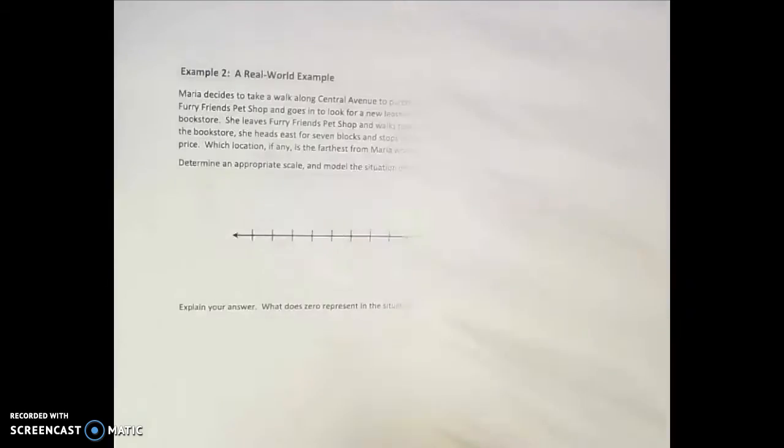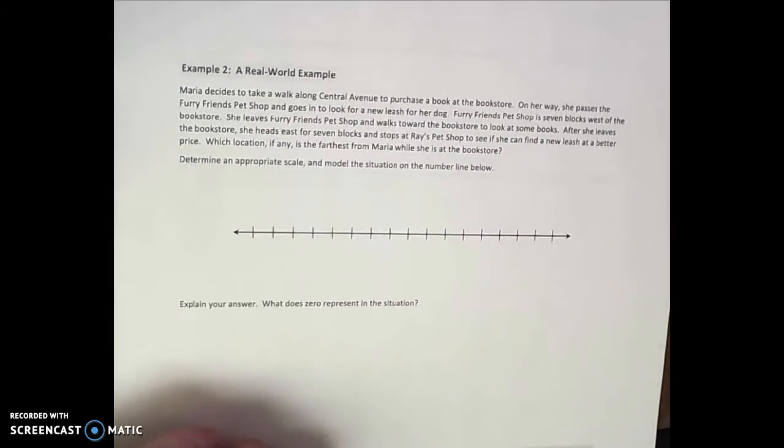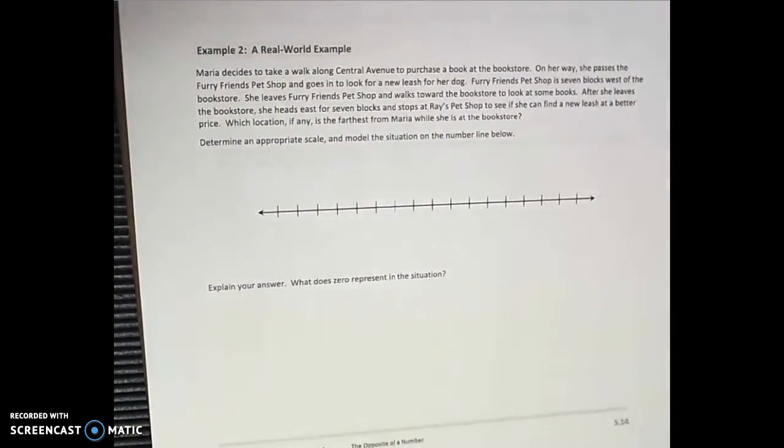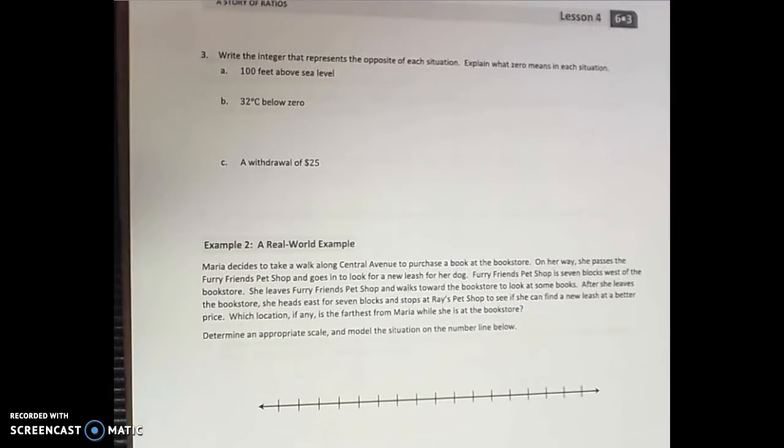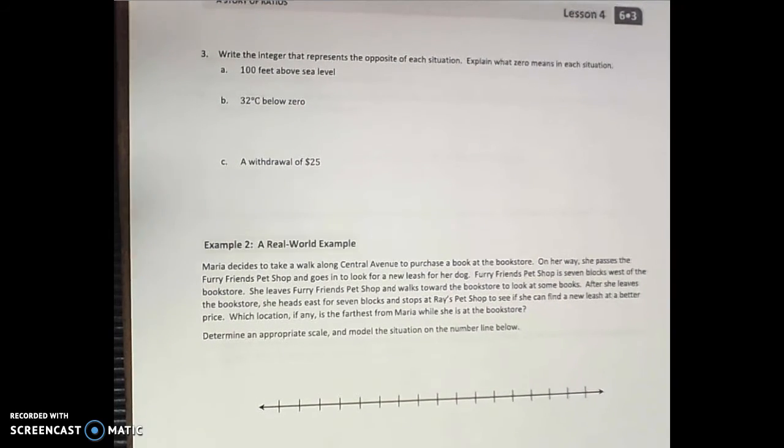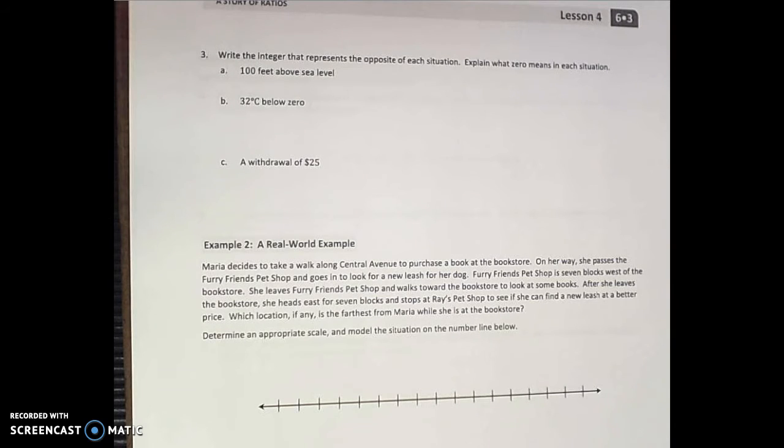Now we think about some real-world situations where we would have these positive and negative numbers. For number 3, write the integer that represents the opposite of each situation. Explain what 0 means in each situation. So for example, if we look at A, 100 feet above sea level, that's going to be 100 feet above the level of the sea.